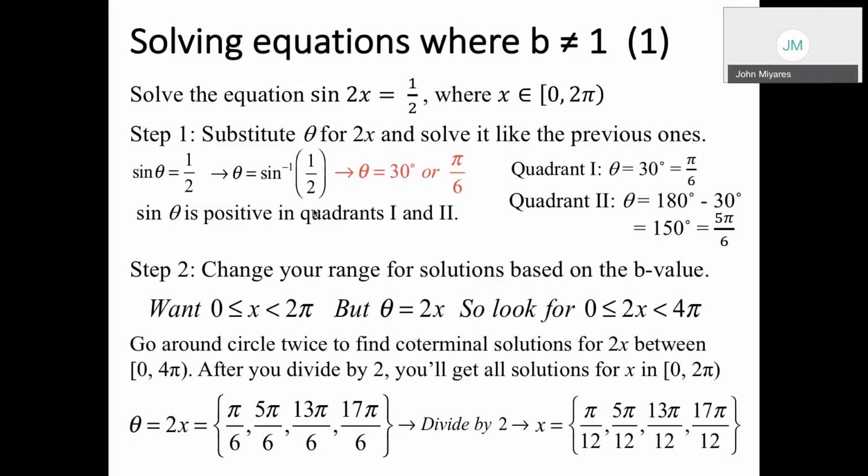Those four angles are all angles between 0 and 360 degrees, or between 0 and 2 pi radians, such that when I double these angle measures, the sine of the doubled angles will equal 1/2. This might make more sense if I look at this in a graphing utility like Desmos.